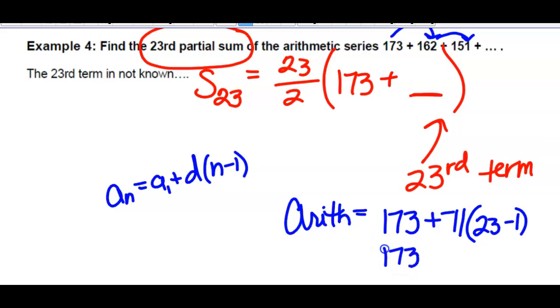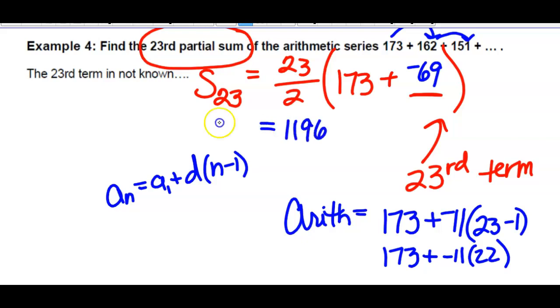So we end up with 173 minus 11 times 22, which is negative 69, and that's the term that goes in here. So the sum is 173, the first term, plus negative 69, the last term, and then times 23 divided by 2. So when I type all that in, I get 1196 for the sum of the first 23 terms.